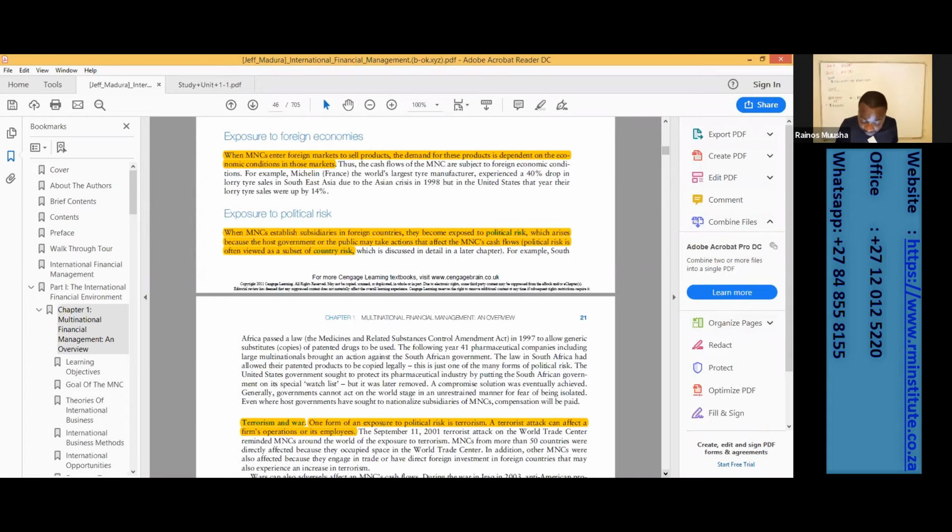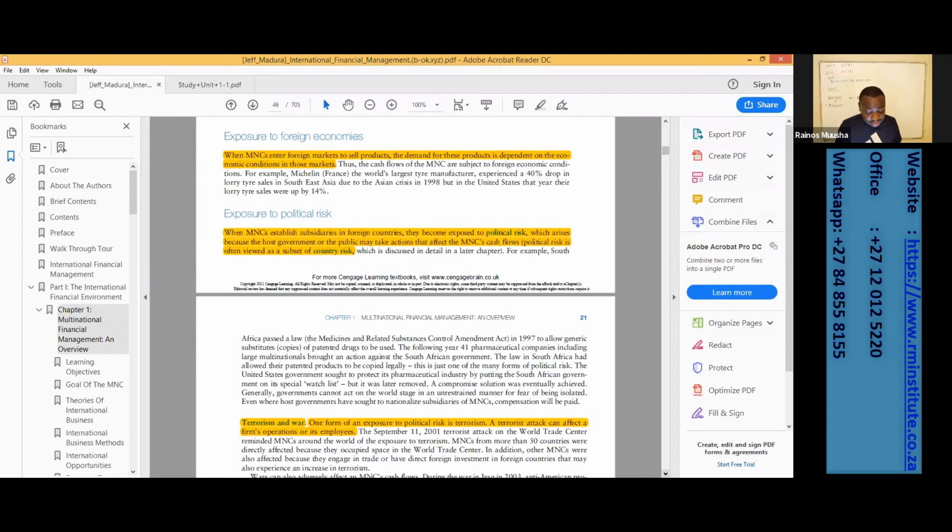Because if they enter into a particular country and the economy is going through a recessionary phase, it would also mean that their revenue is going to be negatively affected by the economic cycle in which the country is experiencing as well.